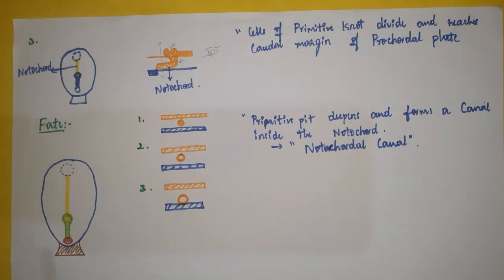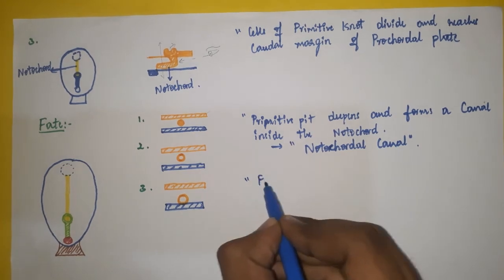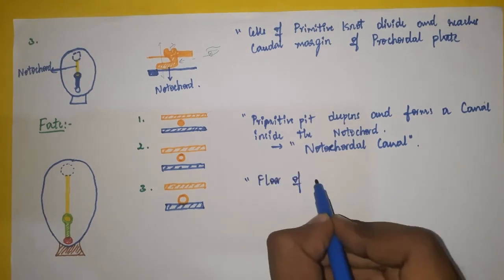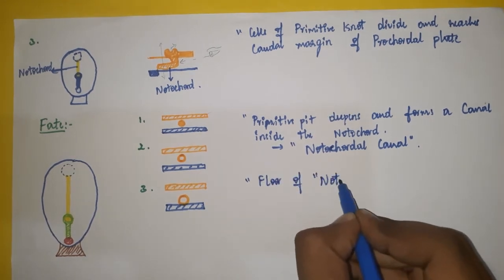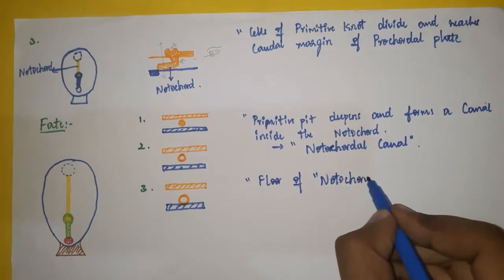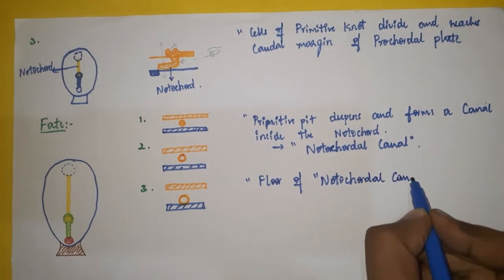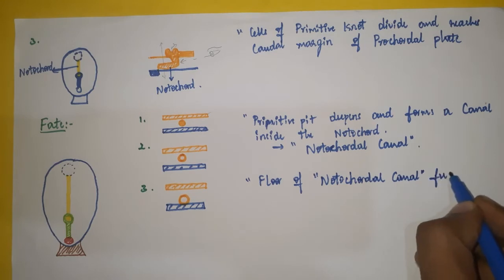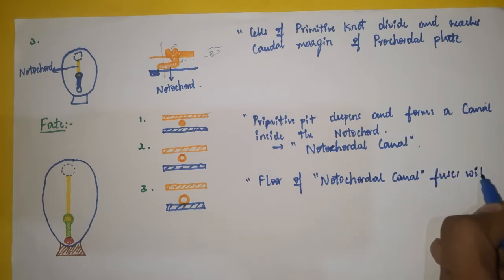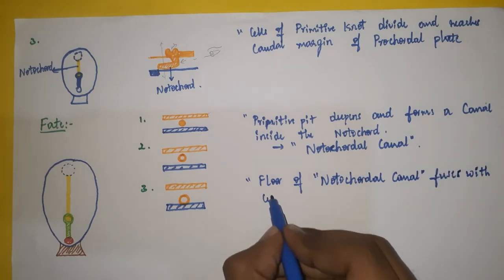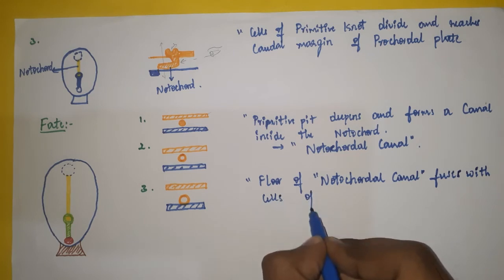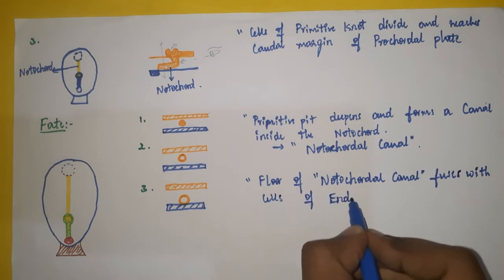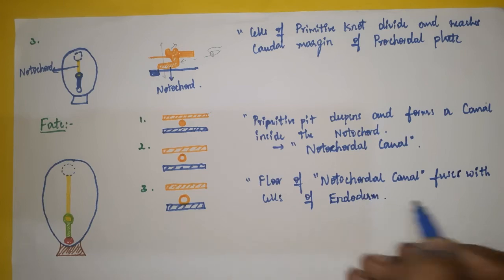It becomes fused with the endoderm. The summary is, floor of notochordal canal fuses with cells of endoderm. Endoderm is lining of yolk sac.